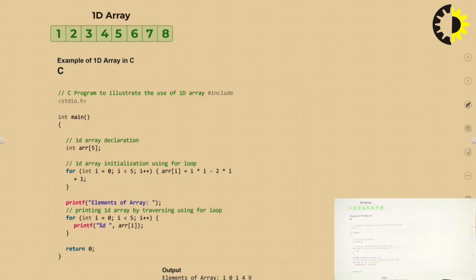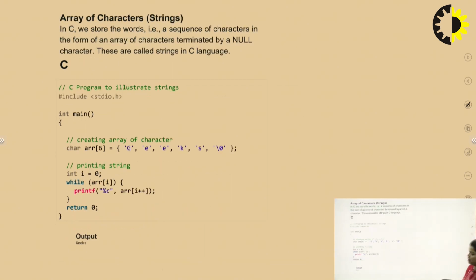Now let's move to 2D. Also, you can print characters in an array, right? What are you going to use? Char. Earlier we were using int, but with the help of the char keyword, we can print characters also. Now this is the array: 0, 1, 2, 3, 4, 5. 5 means 6 elements.